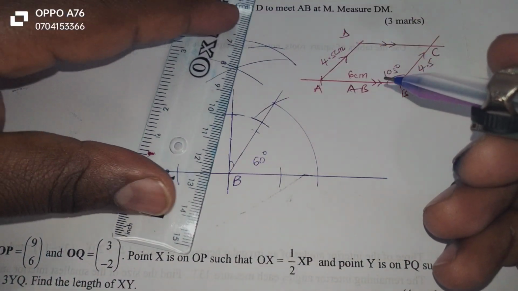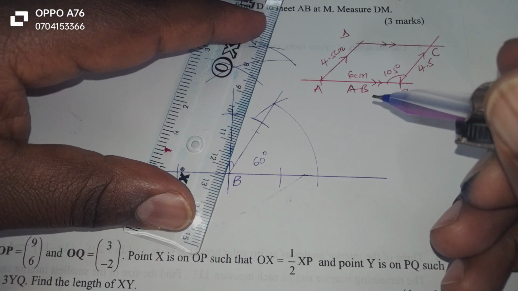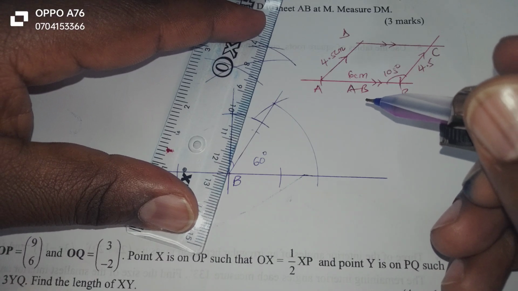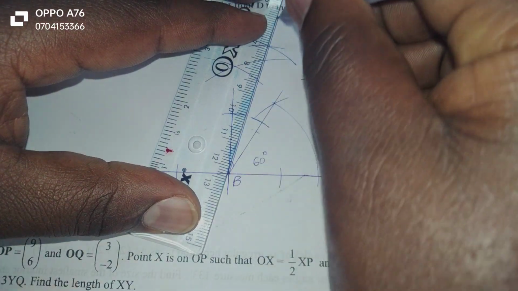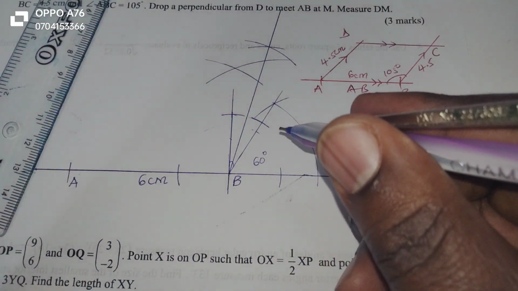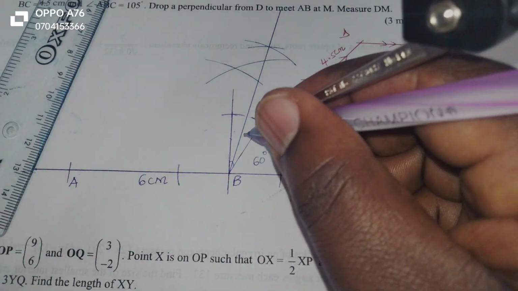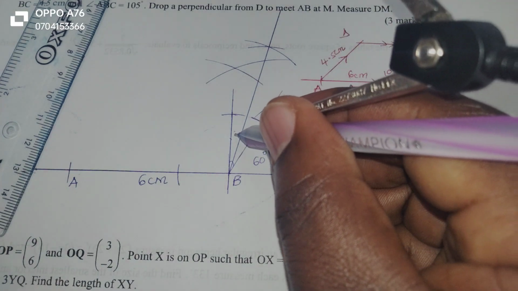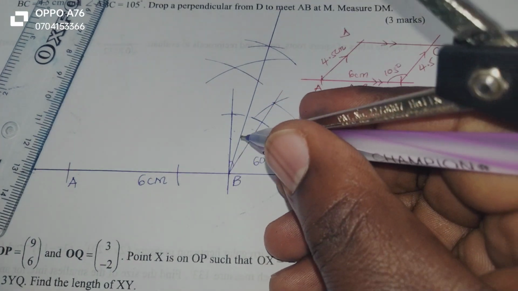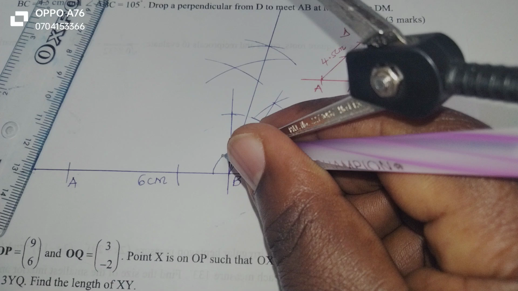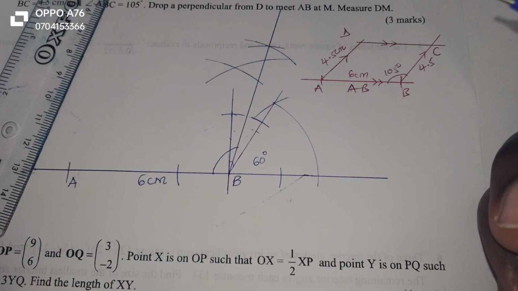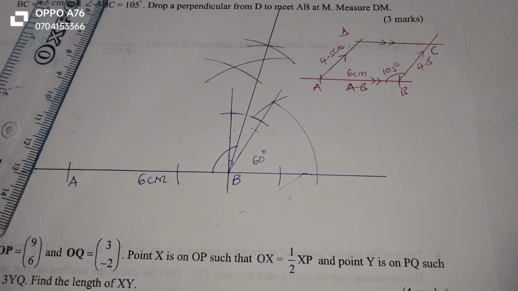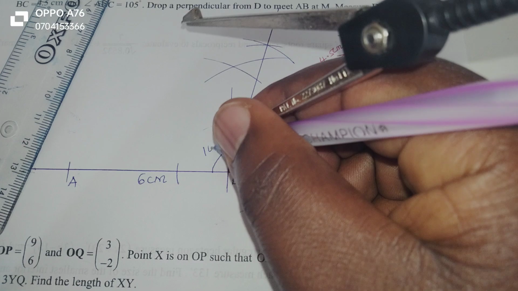Now I can bring that intersection of the arc to point B. Now I will have bisected 30 degrees, which means this is 15, this is also 15. When I add 15 to the original 90 degrees, I'll get 105 degrees.